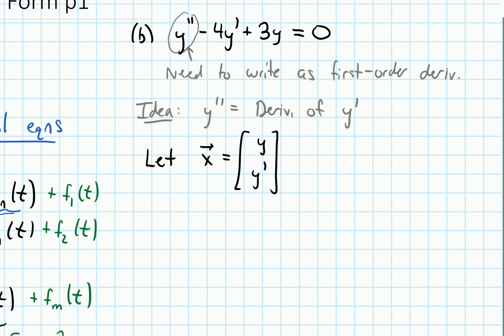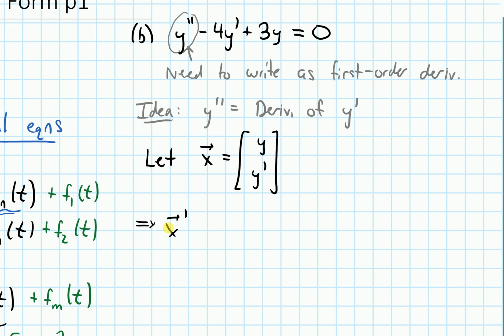And the reason that I want to do that is, by setting it up like this, I'm going to be able to express all of these higher order derivatives in my differential equation as a first derivative of the thing sort of below it. Like the second derivative is the derivative of y prime. Okay, so what are we going to do with this now? Let's now take the derivative of this vector valued function.